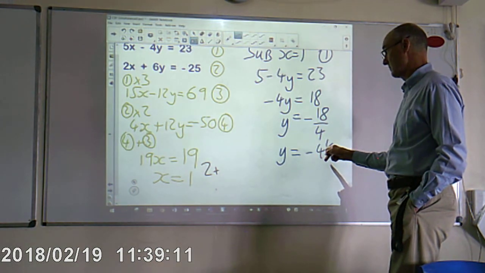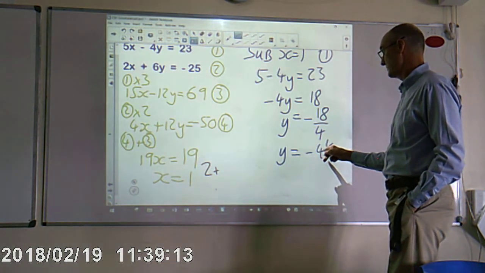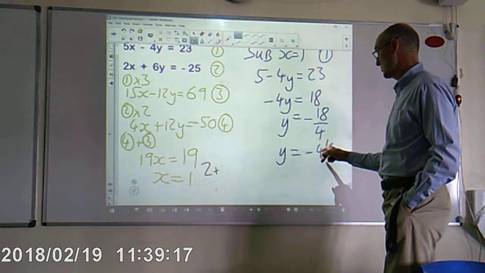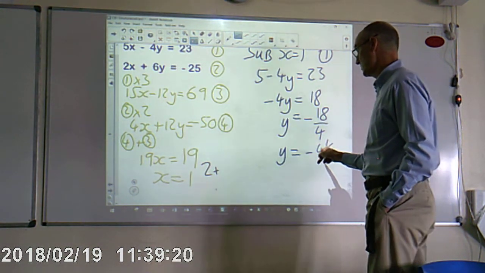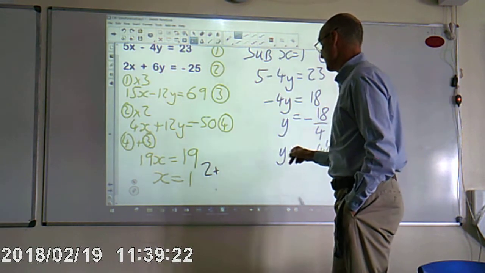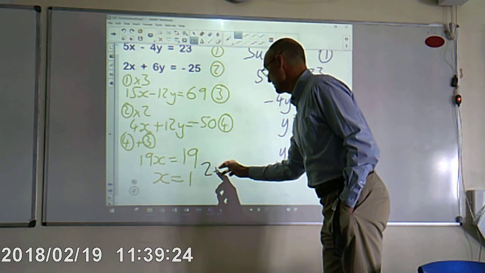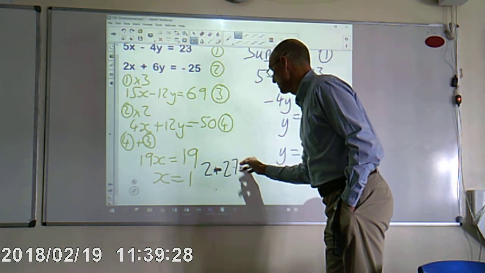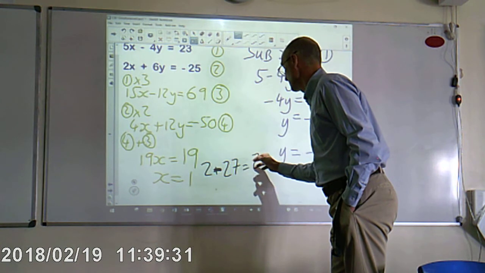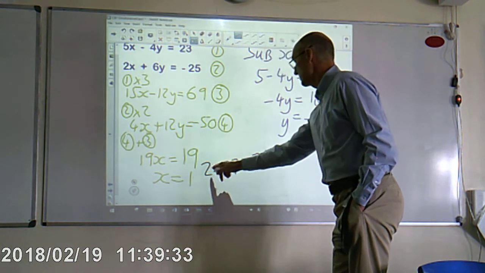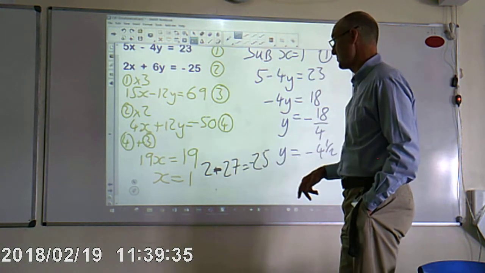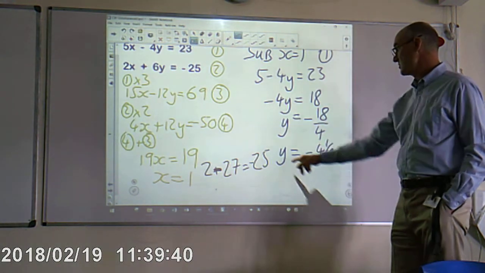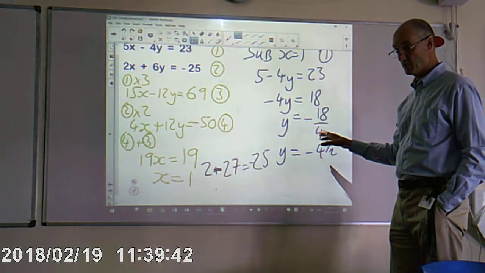So 6 times 4.5 is going to give me 27, so it's actually going to give me a minus 27, so minus 27 equals minus 25. 2 minus 27 does give me minus 25, so yeah, it does work. What this is showing you is it doesn't have to be a whole number solution.